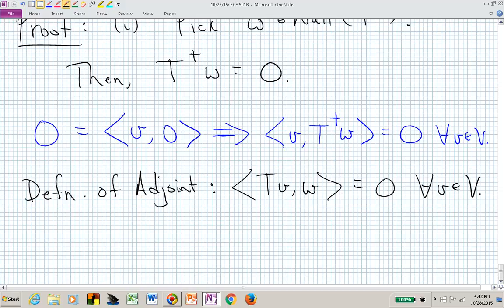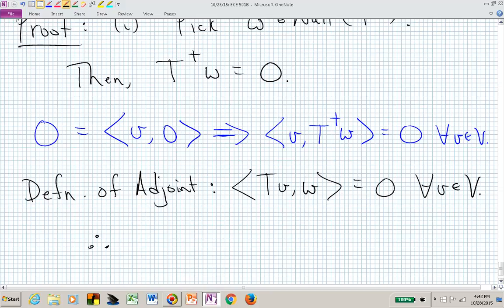But what does that say about this vector W that we arbitrarily selected from the null space of T dagger? Where does W live? Or what does TV give us? If we take any V and operate on it with the linear map T, where are we going to end up?